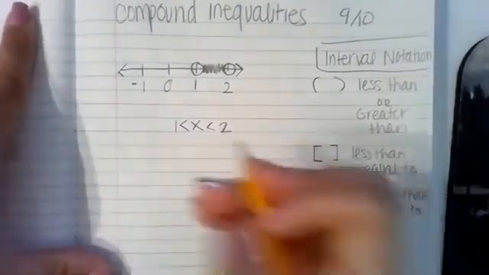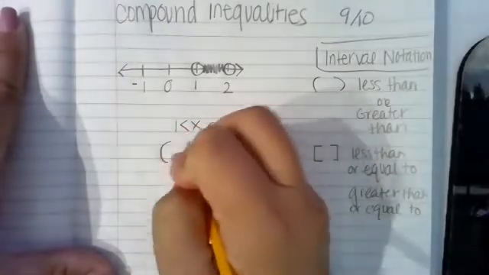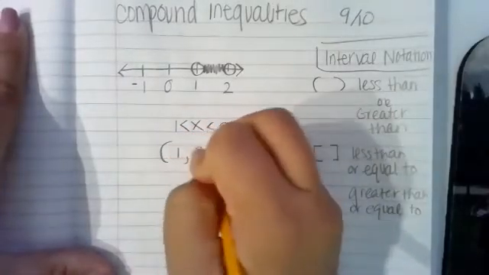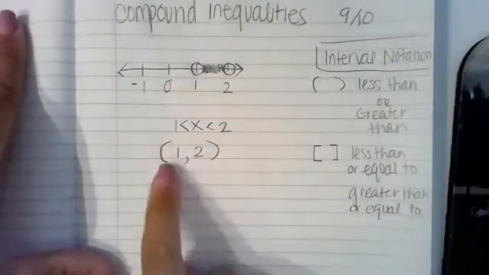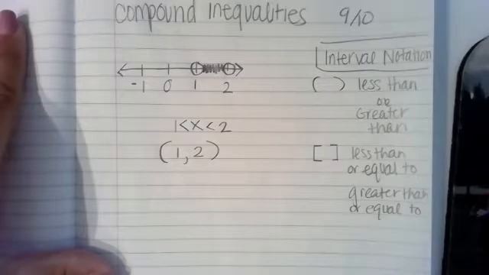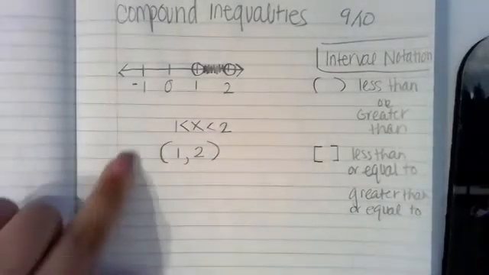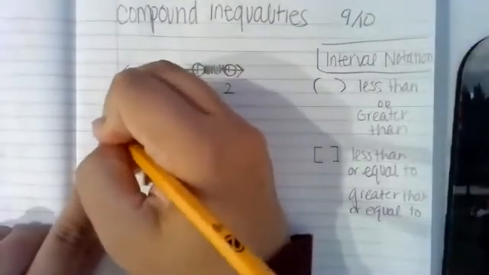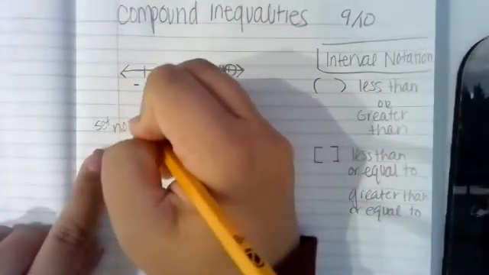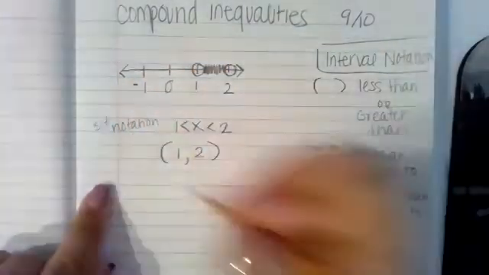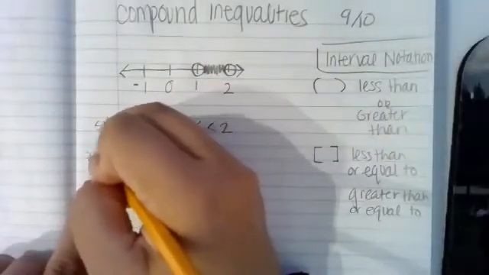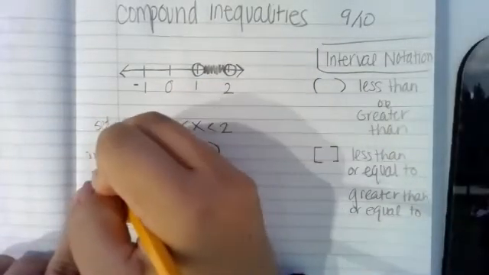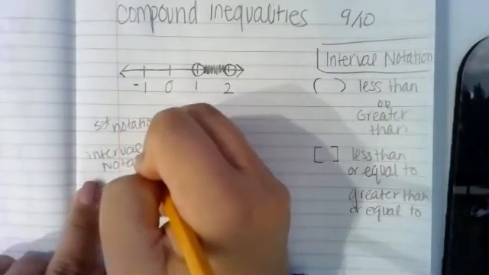So I would write this as parenthesis 1, comma 2, parenthesis. There you have it. That is my interval notation. So this up here is my set notation, and this here is my interval notation.